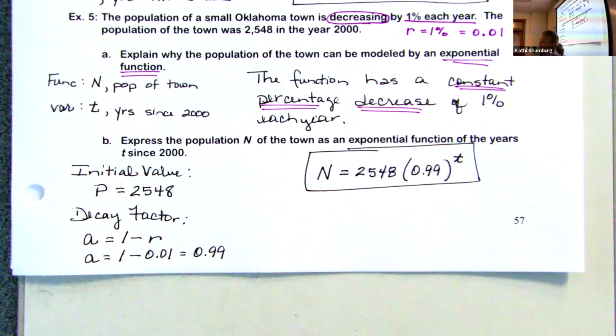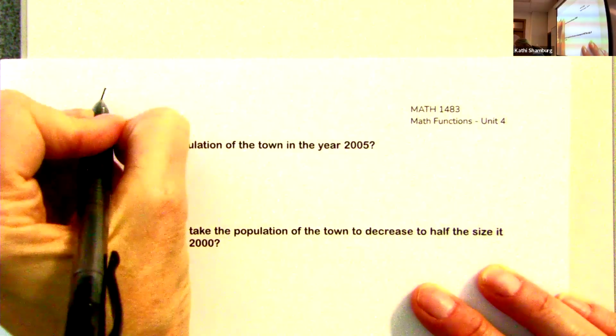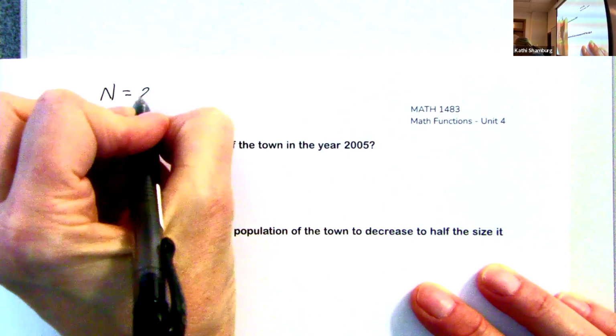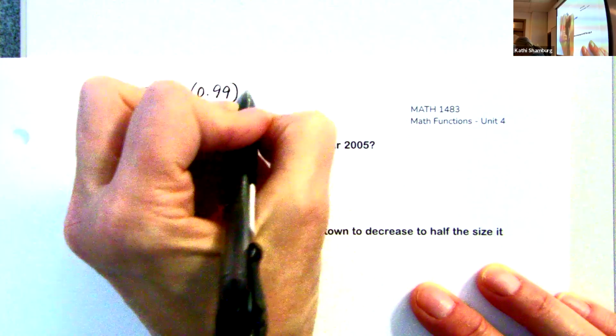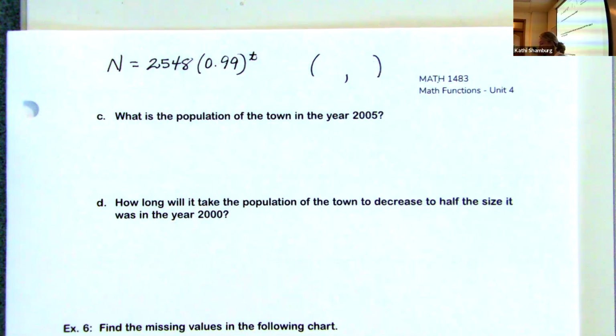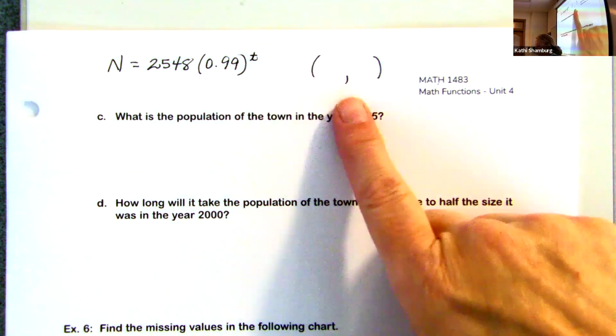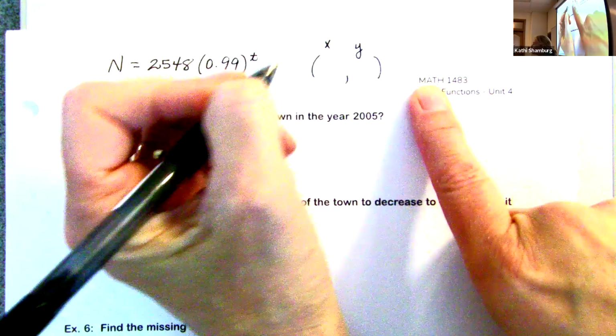Now the next page is parts C and D of this same problem. So I am going to write the equation that we found at the top of the next page. If I were to write my information as an ordered pair, what would that ordered pair be? I don't want numbers, I want letters. The initial value is not part of it. An ordered pair is always x, y.